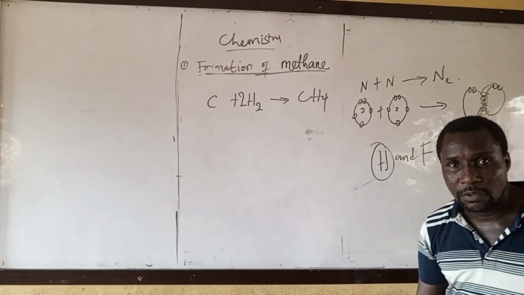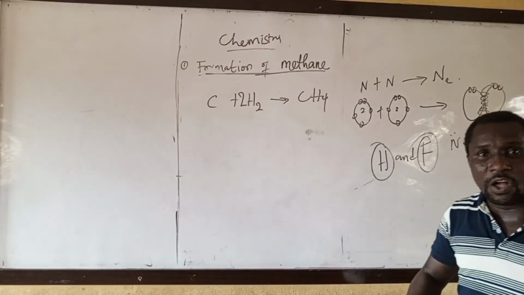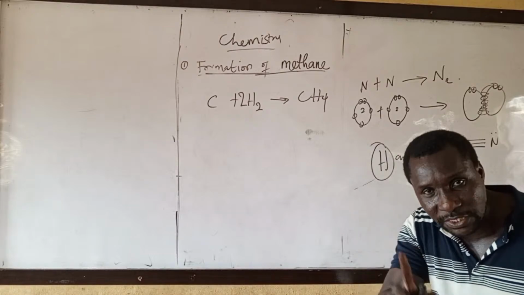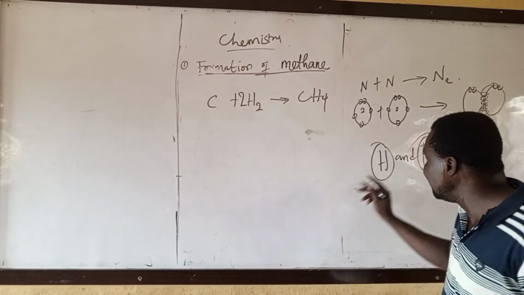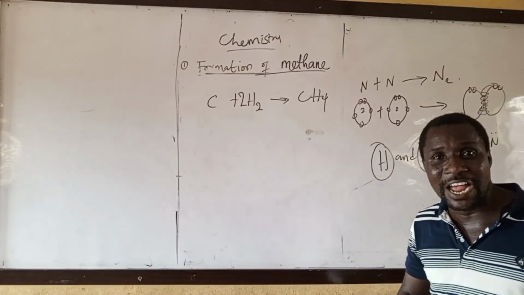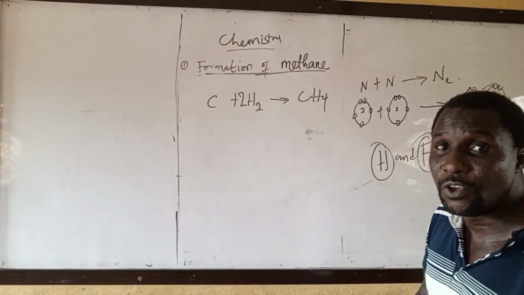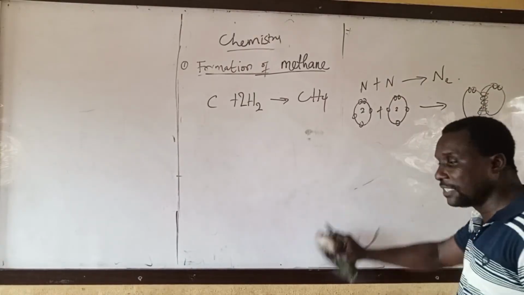For fluorine, because of the size and electronegativity of fluorine, they can never be a central atom. They can only be a corner atom.